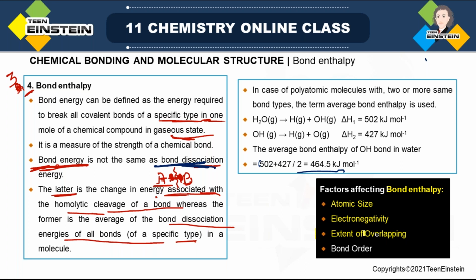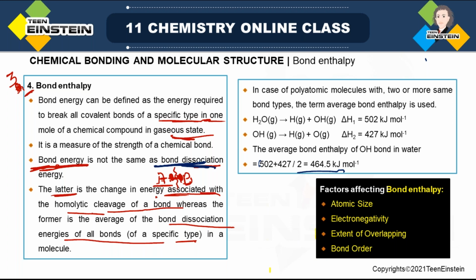We have seen that when bond formation takes place, there is overlap of atomic orbitals. If this overlapping for the two atoms is high, obviously to break the bond you have to provide more energy. And the last point is bond order.